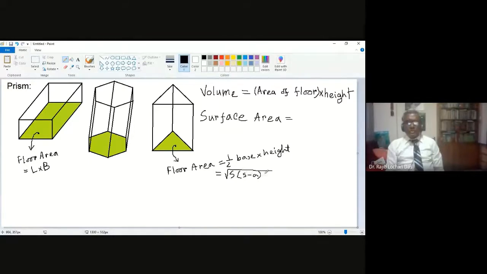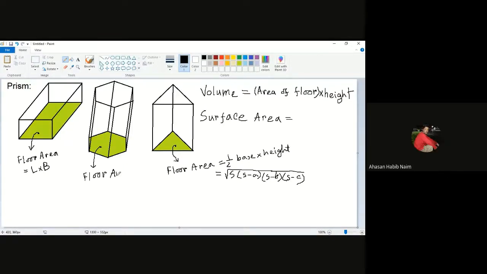So what is the area of the floor for the second prism? Do you know the formula for this? No, sir.